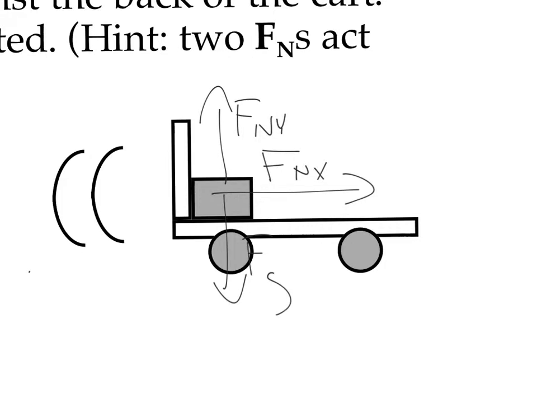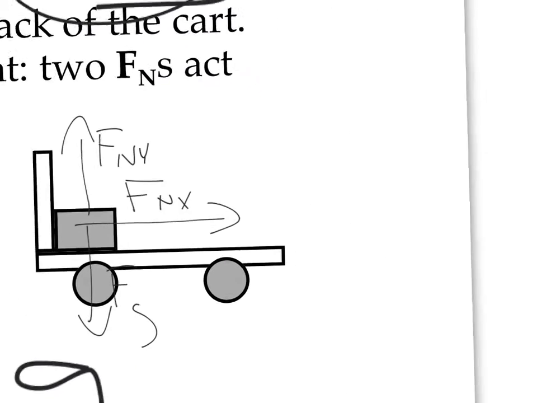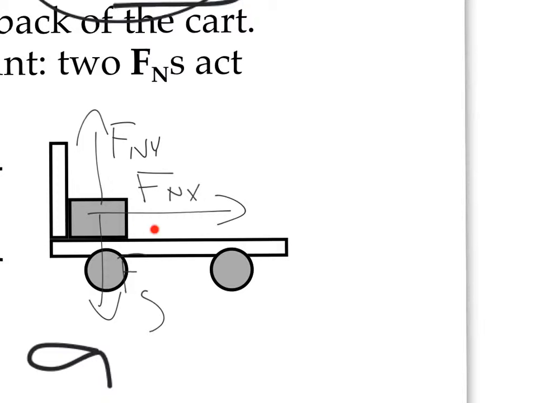So this force normal x, if you take your 6 meters per second squared and plug it into F equals ma, you're going to take 85 times 6 meters per second squared, and you'll get a net force, and that net force will be equal to this force normal in the x direction. Okay, so that's how you do that problem.